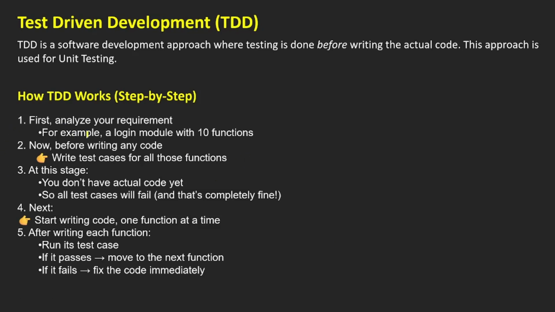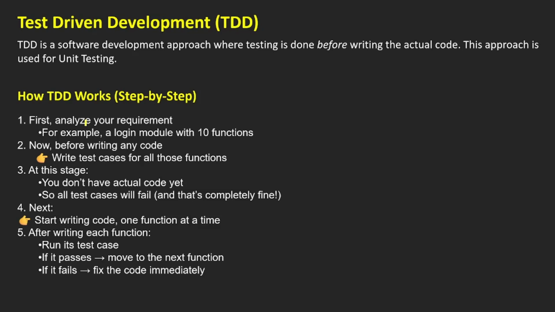Let us take our example of the login functionality itself. First we will analyze the requirement. We found out that we need to implement the login functionality which needs 10 functions to be written. Now, before writing any code in the TDD way of development, we will write the unit test cases for all those functions first, right?